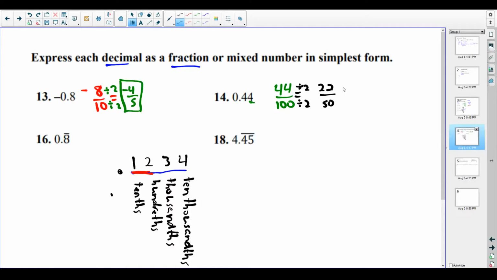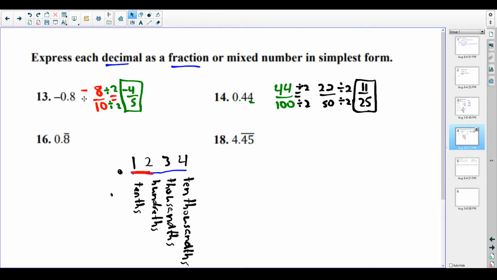And then I can divide that again by 2. So 22 divided by 2 is 11. 50 divided by 2 is 25. I can't simplify this anymore. So this is our final answer. It's really straightforward. As long as you know your place values, these ones are pretty easy.